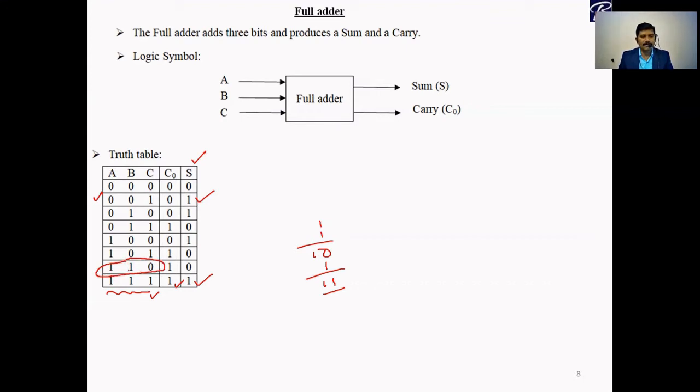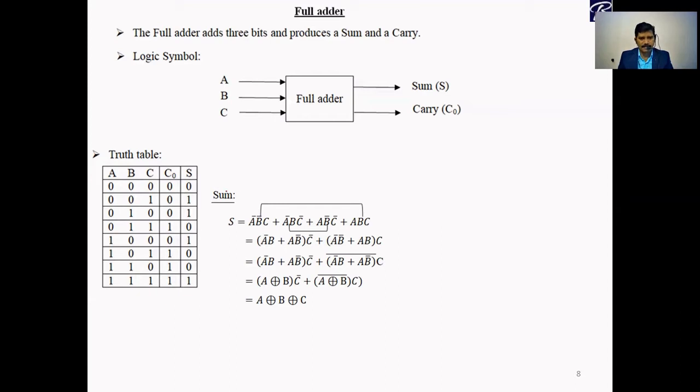It is 2, that is an even number. That's why it produces 0. So that is about sum, which is again an XOR operation for all 3 inputs. Sum is an XOR operation only. That means when an odd number of ones is in the 3 inputs, then it produces a 1 at the output of sum.